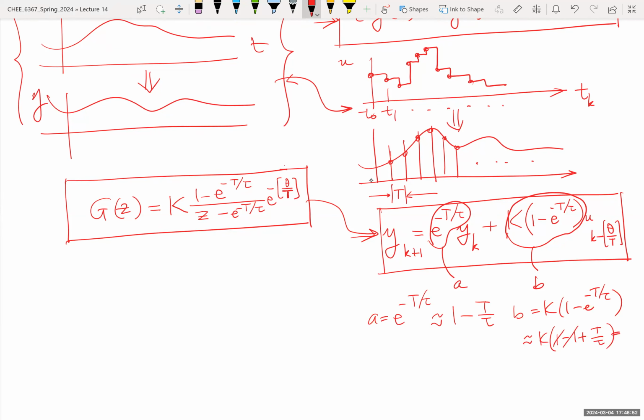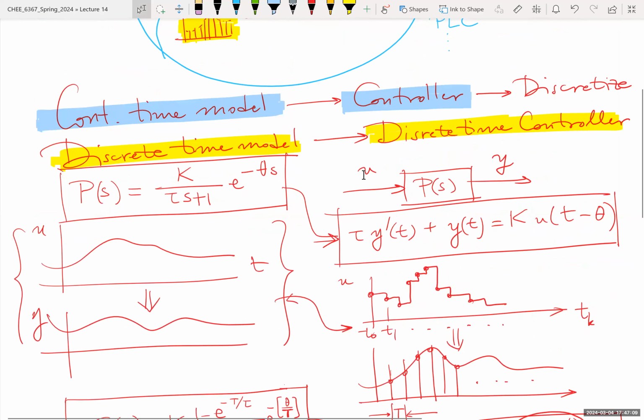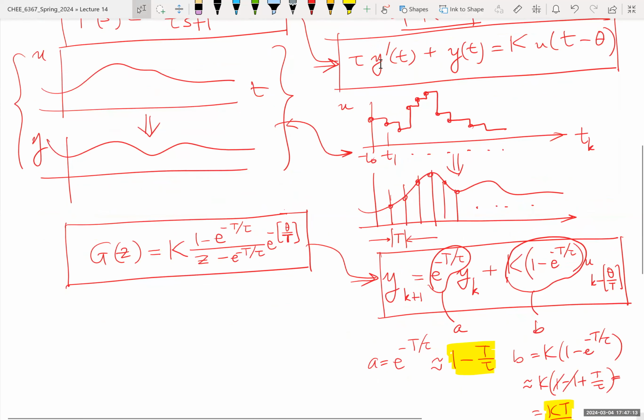This cancels, so this is K T over tau. And these approximate formulas that we get here are the formulas that we would get if we wanted to go directly from this model here to the discrete time model here by simply substituting the derivative by finite divided difference, which we have done before. Good.